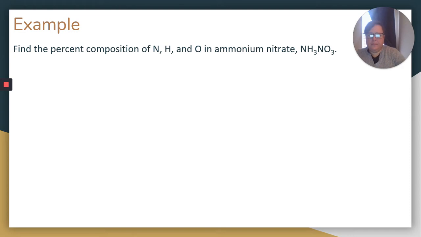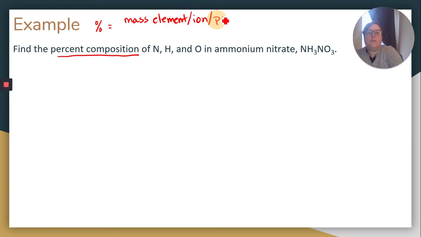All right, so let's talk about what that percent actually is. It's the percent composition. So anytime you see percent composition or percent by mass, what you're going to do is take the mass of the element or ion or polyatomic or water, whatever it is that they want the percent of.